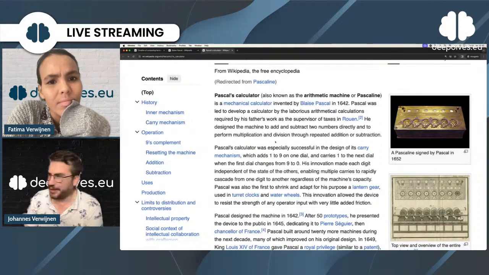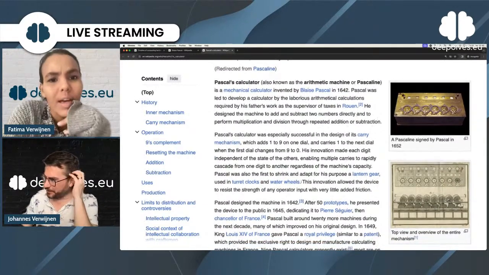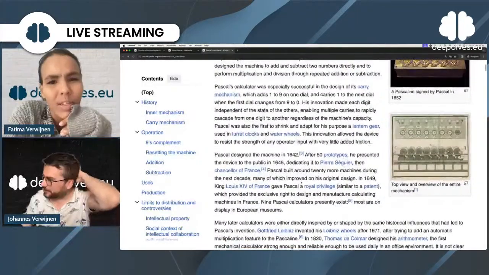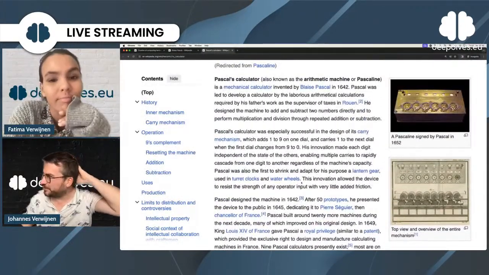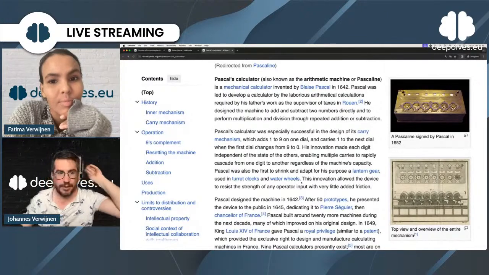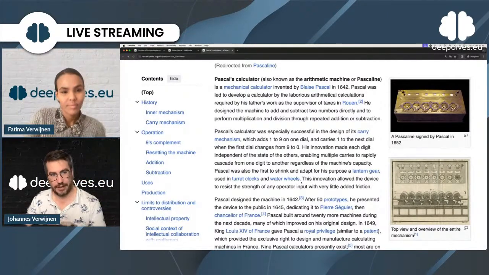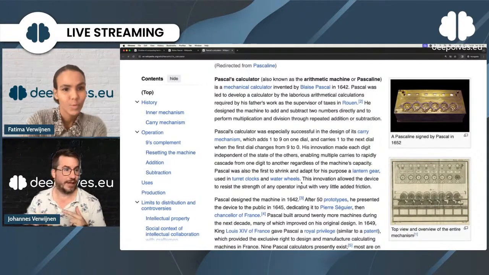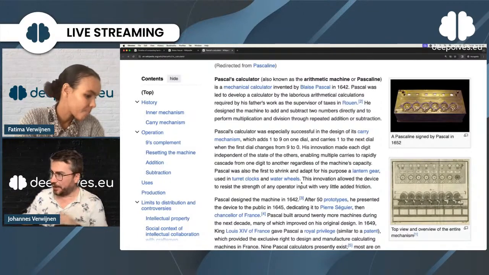So addition is what it does, and it could perform multiplication and division through repeated addition or subtraction. Yeah, exactly. Multiplication is just repeated addition, and division is asking how many times do I have to subtract something until I get to zero. Right, so that kind of makes sense.